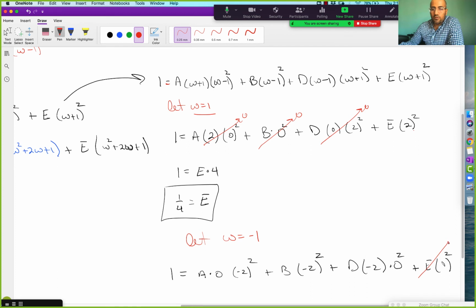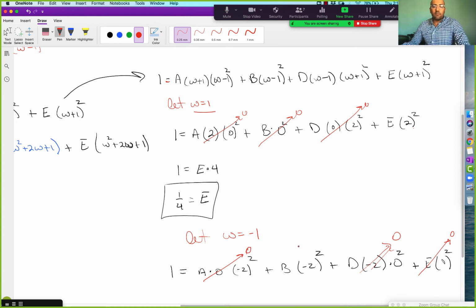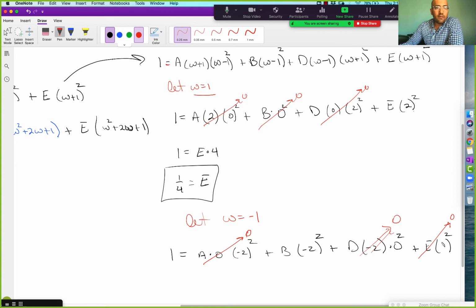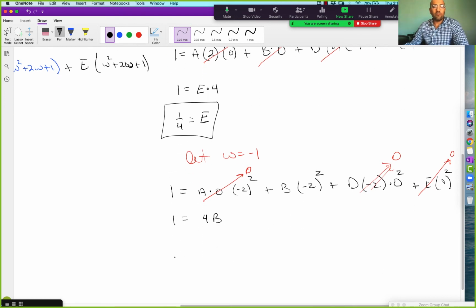So this whole term goes to 0. This whole term goes to 0. This whole term goes to 0. And then we end up with 1 equals 4B, or B equals 1/4. Halfway there.